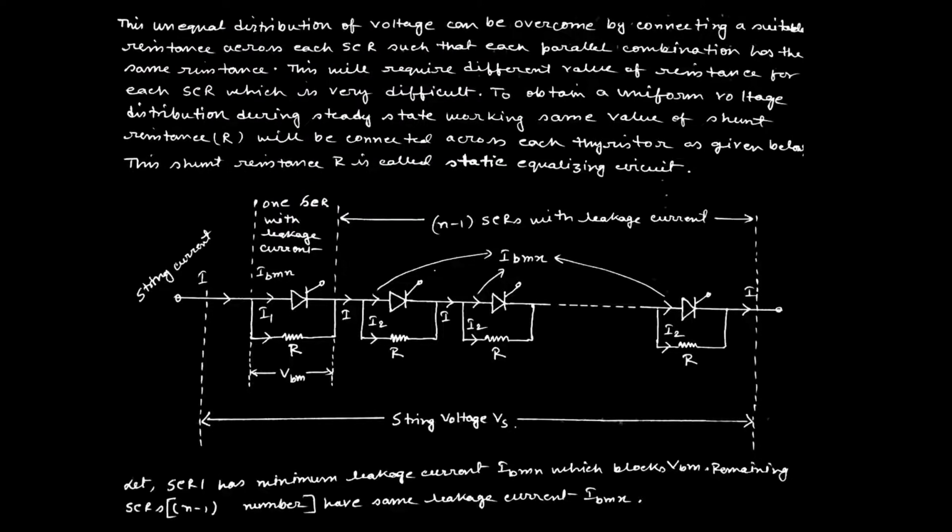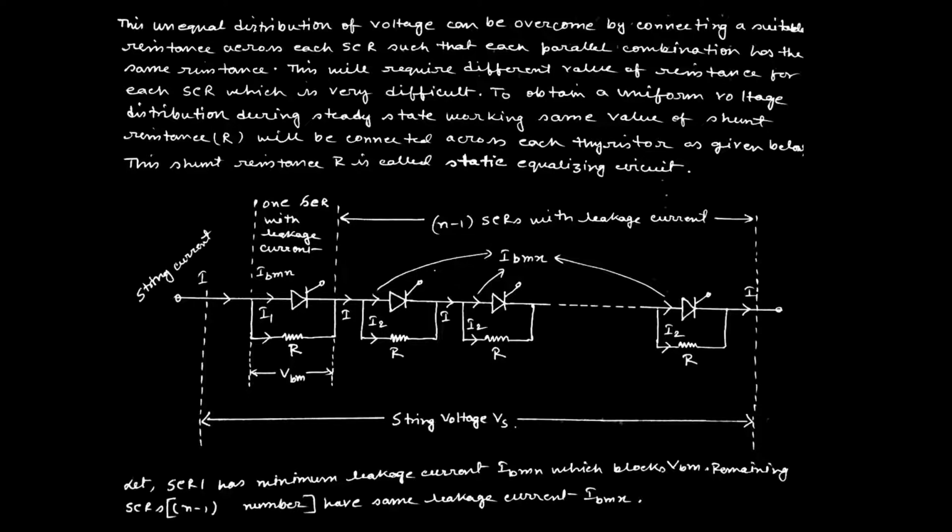See, this unequal distribution of the voltage can be overcome by connecting a suitable resistance across each SCR such that each parallel combination has the same resistance, in which we can say the potential difference across the SCR will remain same.